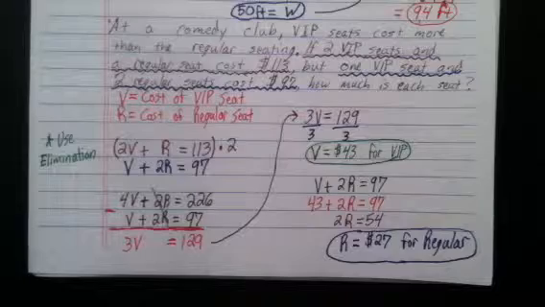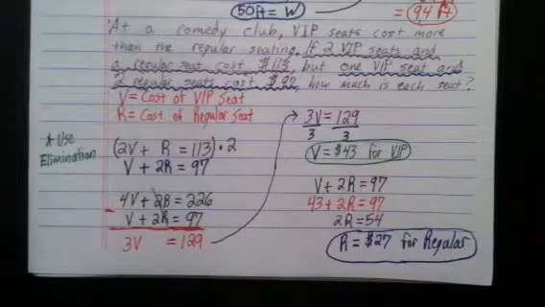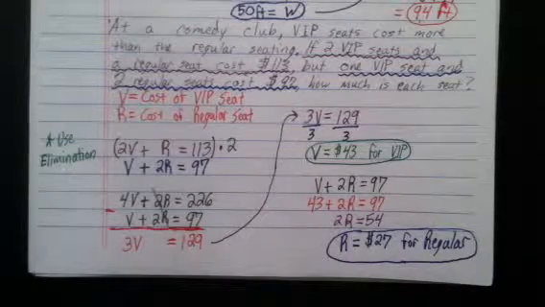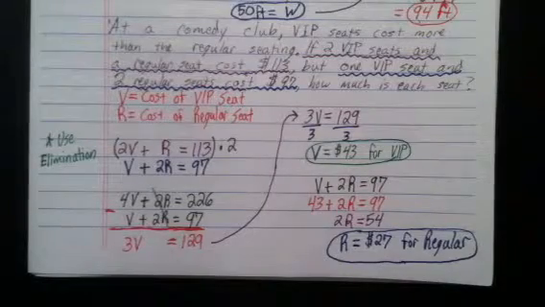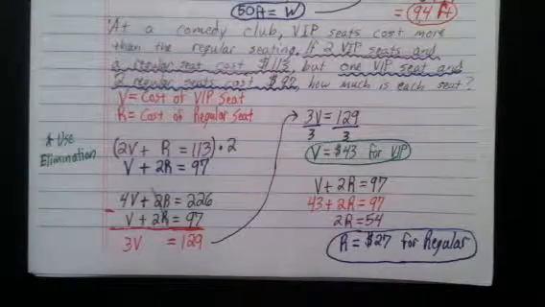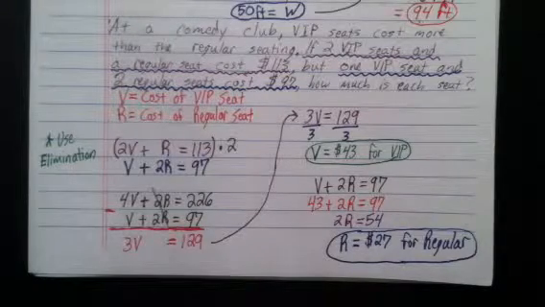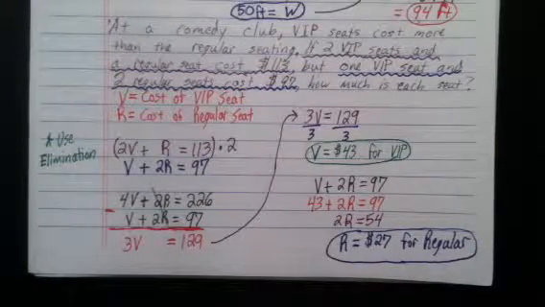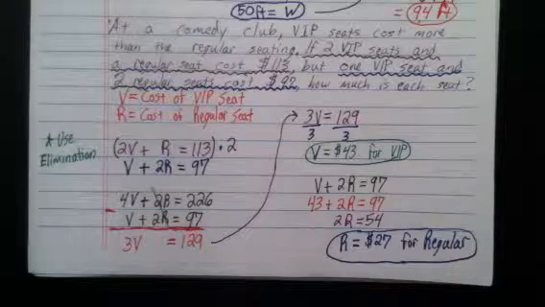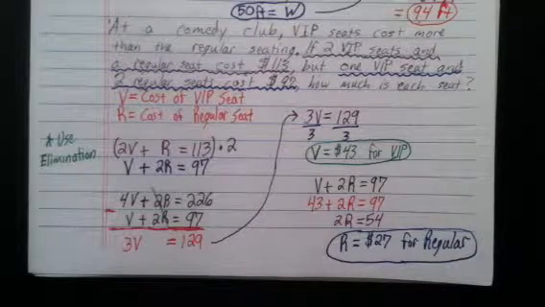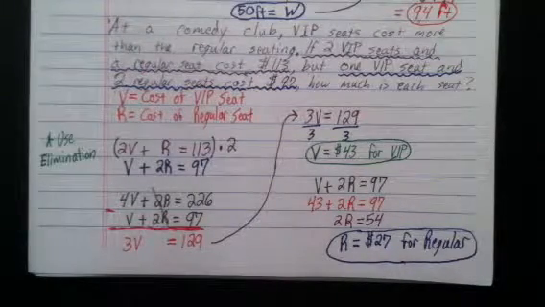So I think hopefully you're starting to see the usefulness of systems. When we were just solving systems that were basic equations that had no meaning, we were finding an x and y value that was a solution. Now when we apply these systems to a real-world situation, you can see what we're finding could actually be useful in the real world.